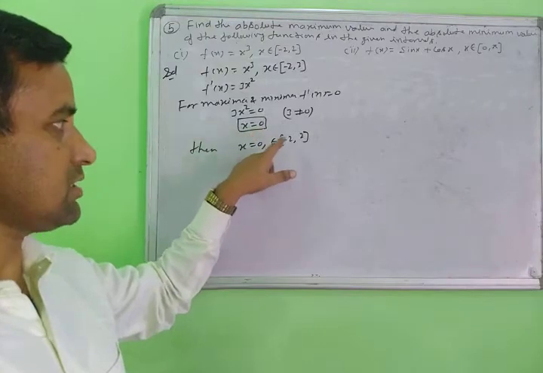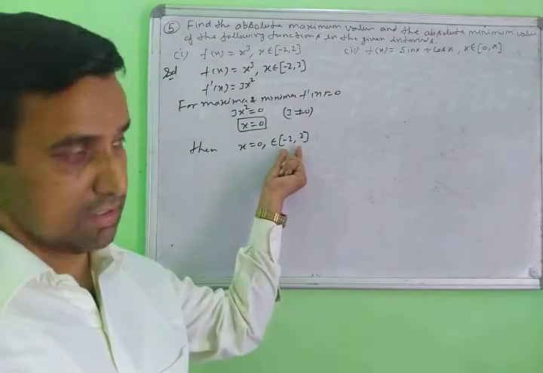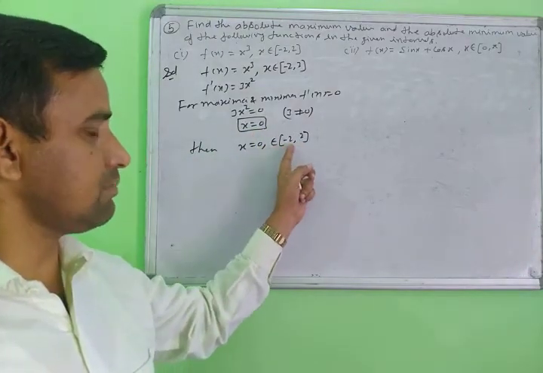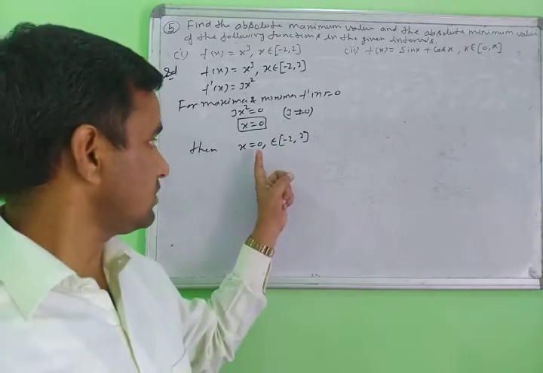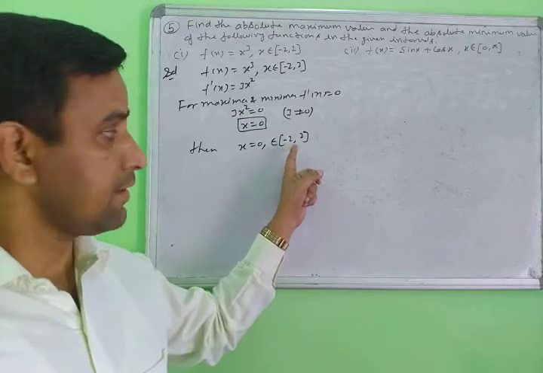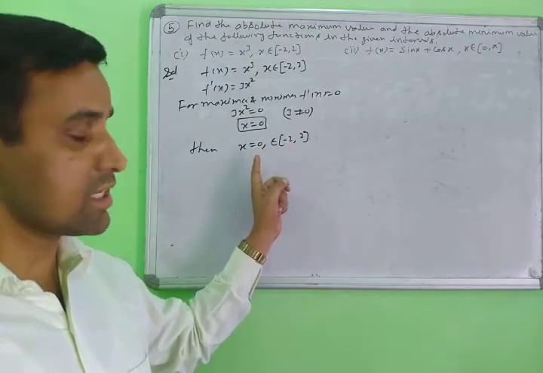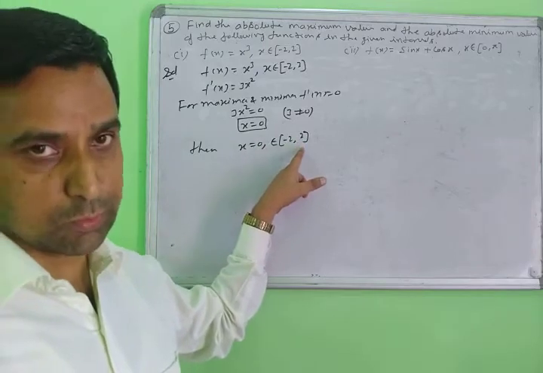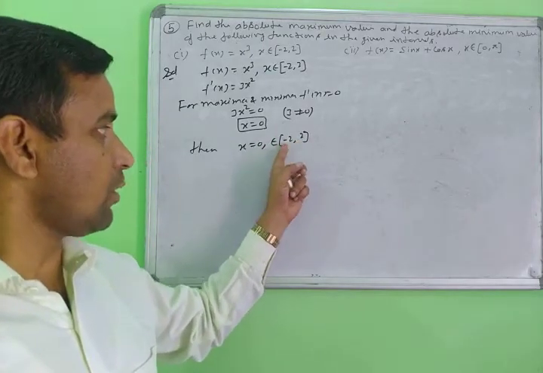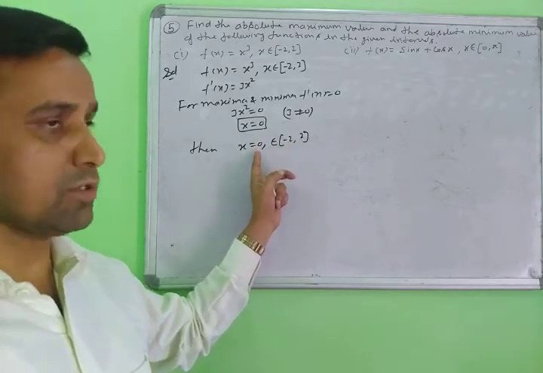This critical point belongs to the closed interval. 0 is coming between this closed interval. It means 0 belongs to this closed interval. Then besides your critical point 0, minus 2 and plus 2 are also the end points of this closed interval.